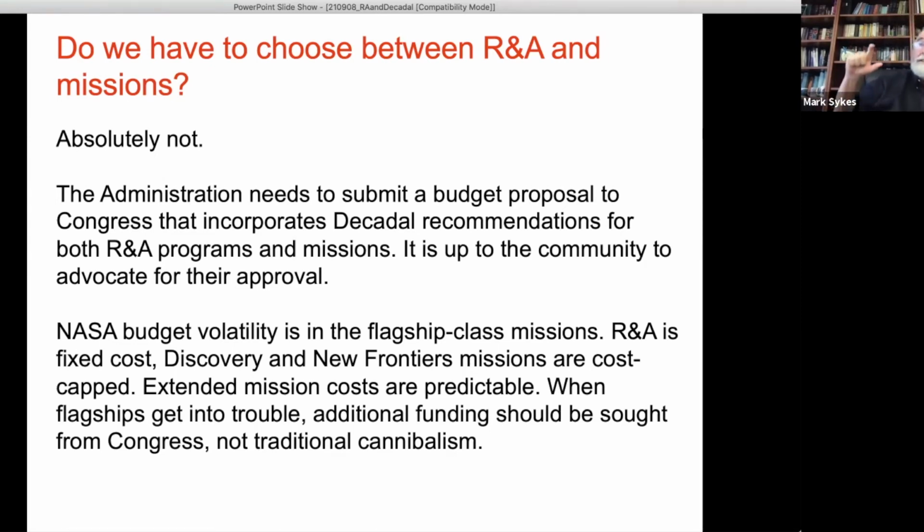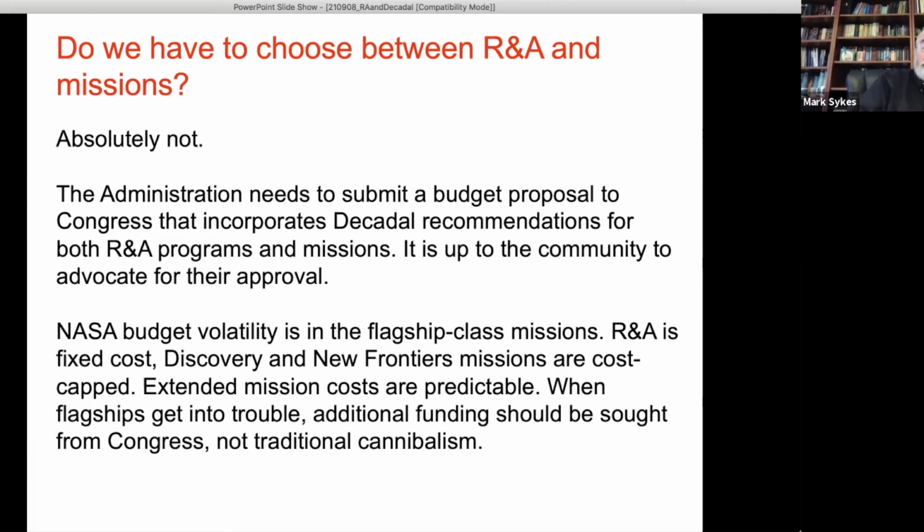So if the Decadal actually says $500 million, then you send that budget to Congress for $500 million plus the cost of the other missions that you want to do and maintain and extend and all that. And then it's up to people like us to go up to the Hill and advocate for these things. And I think that we could do a pretty good job, and I think that we could make this happen.